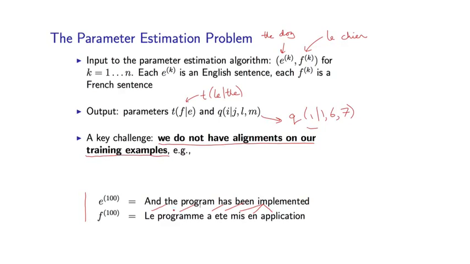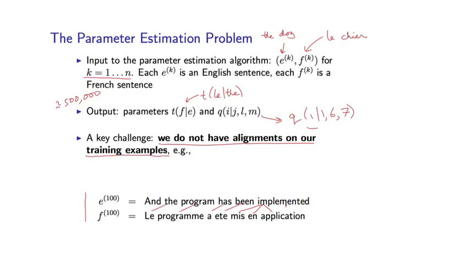It's an extremely laborious task to annotate these alignments. And typical training set sizes can easily be in the order of hundreds of thousands of sentences. We might have 500,000 sentences of training data. And it's just too much to expect humans to annotate all of these alignments on all of our training examples, or really for any significant subset of our training examples.